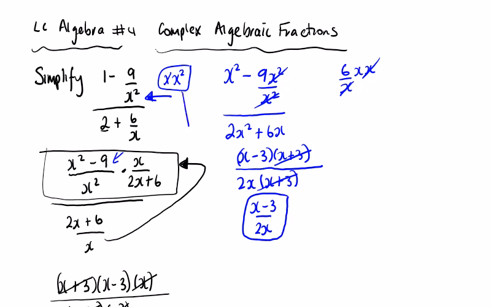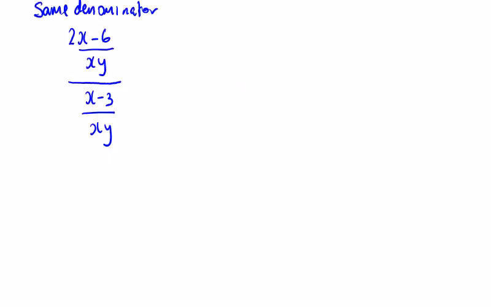Sometimes this method of multiplying by something that will get rid of the denominators will actually be a better method to use. So let's have a look at a couple more examples. An example like this where we have the same denominator. Quite simply you'll get to the point where you'll see that you can just cancel if we have the same denominators, and the reason is that we could multiply top and bottom by xy over 1, or just xy, and we're not changing the value, which will cancel them off.